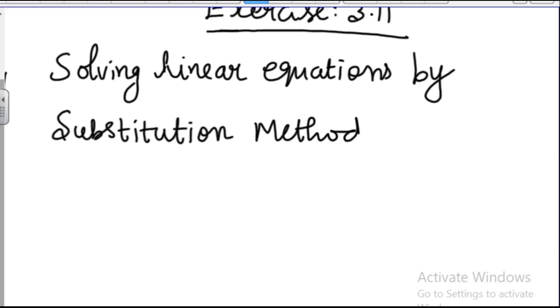Totally we have three methods for solving linear equations: the first one is the substitution method, the second one is the elimination method, and the third one is the cross multiplication method. Today we are going to see about the first method, the substitution method. So what is that substitution method?